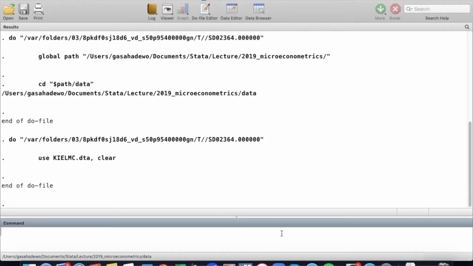A good practice before we start doing any kind of data analysis is to know what's inside the data. So you can use the describe syntax in Stata, and of course Stata is quite clever, so you can use an abbreviation for describe. In this example, it's just desc.